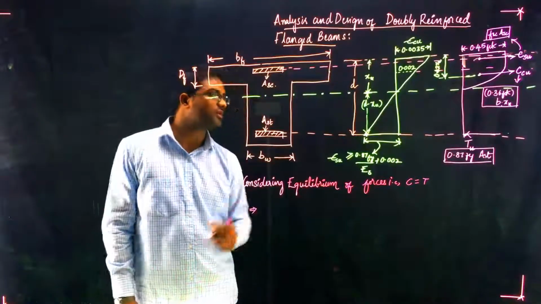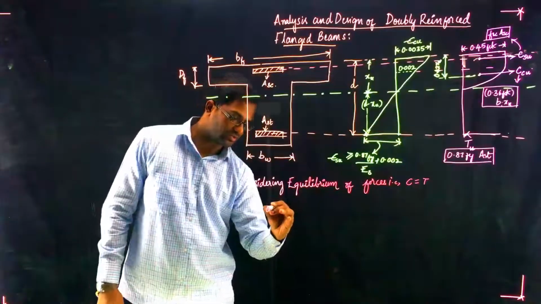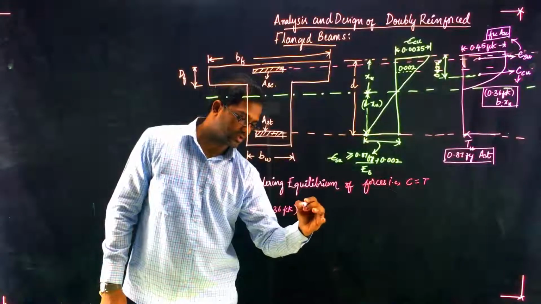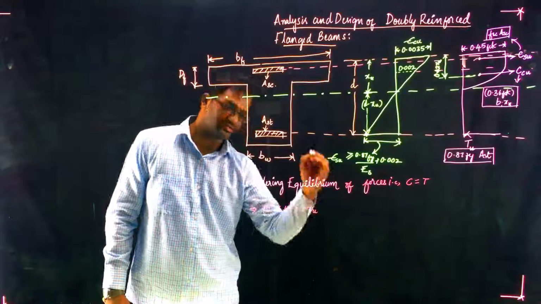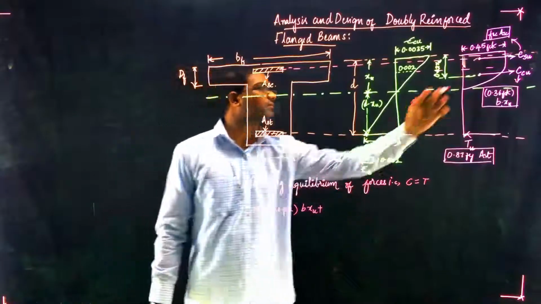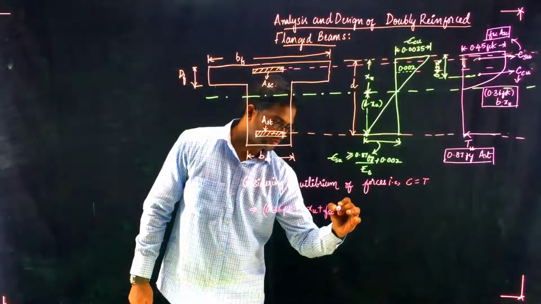That implies we have a force of 0.36 fck b times xu plus we have a force of Fsc into Asc.